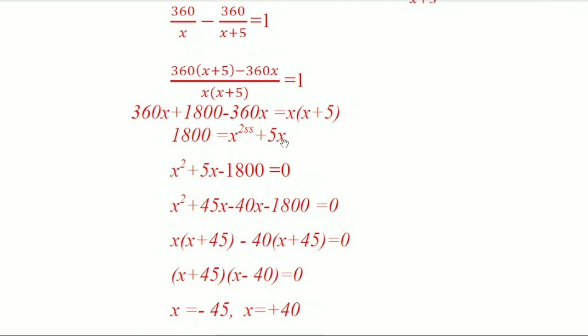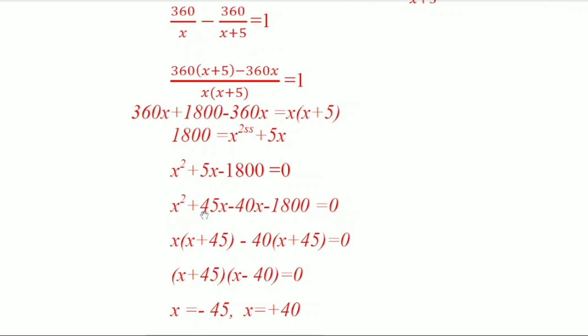So x square plus 5x minus 1800 equals 0. Here I am using the factorization method. 45 into 40 will give 1800. So x square plus 45x minus 40x minus 1800 equals 0.